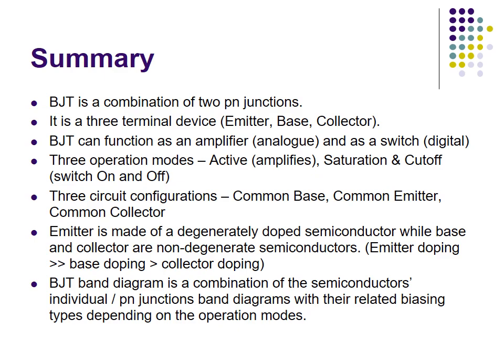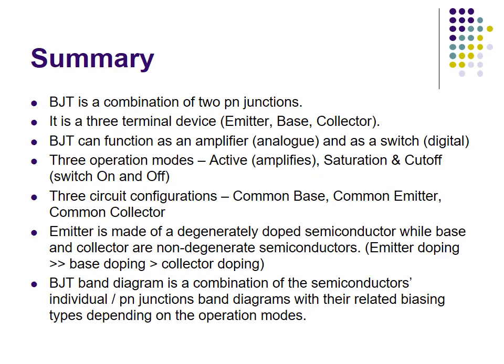To summarize, the BJT is a three-terminal device consisting of two PN junctions. The three terminals are called emitter, base, and collector. It has two most common circuit configurations, which are the common base and common emitter configurations, and three most common operation modes, which are the active mode, saturation mode, and cutoff mode.